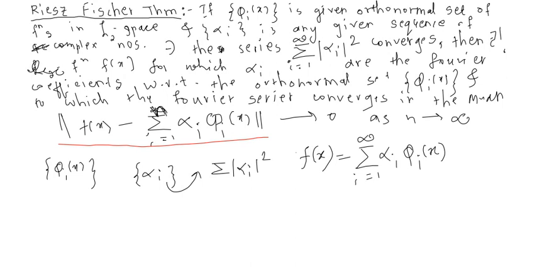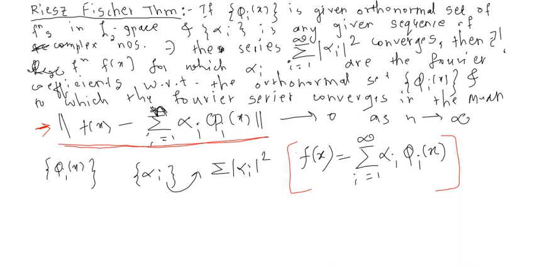If this quantity goes to 0 as n goes to infinity, eventually, as n goes to infinity, f(x) becomes equal to the summation of alpha_i phi_i(x). That is what this expression in the red line tells us, and therefore I am writing it like this, such that f(x) is equal to this.